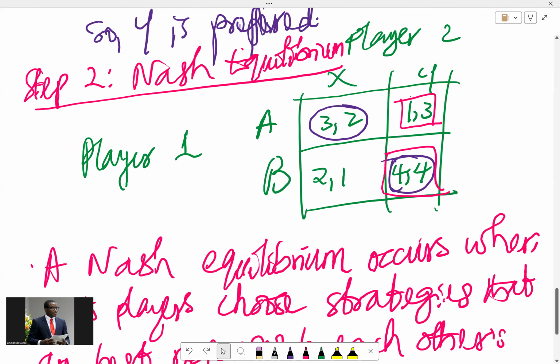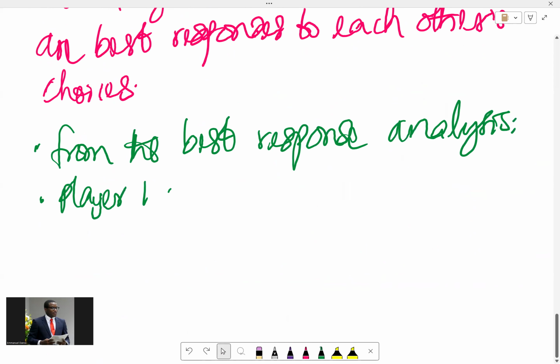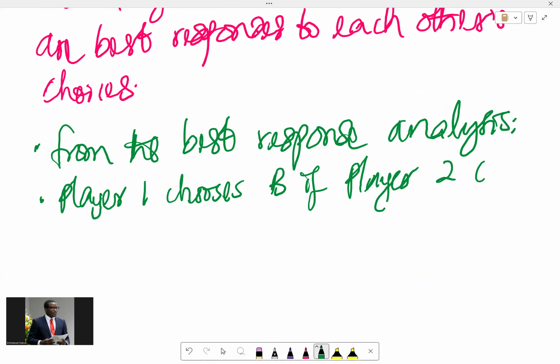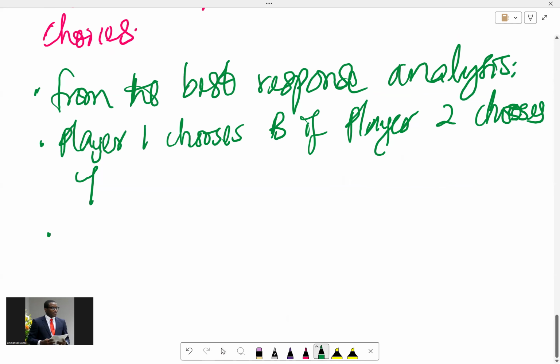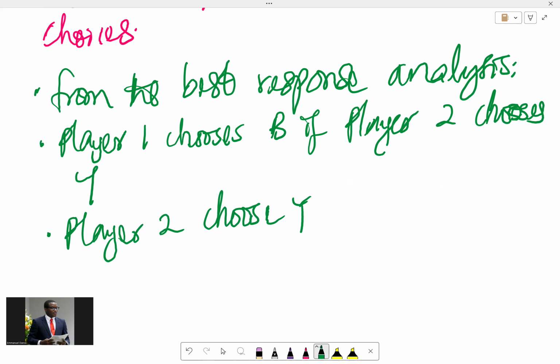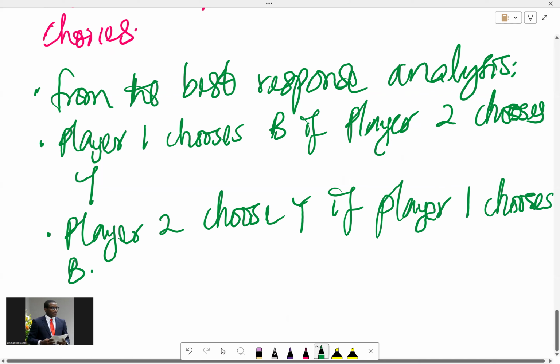Player one chooses B if player two chooses Y. And then you also see that player two chooses Y if player one chooses B. So the key is that you see B, B, Y, Y. That's basically the idea, right?